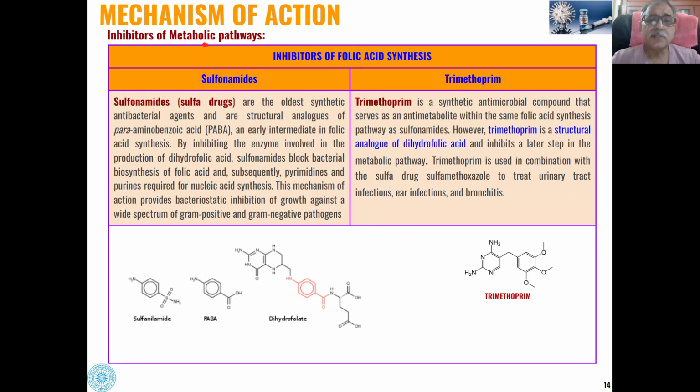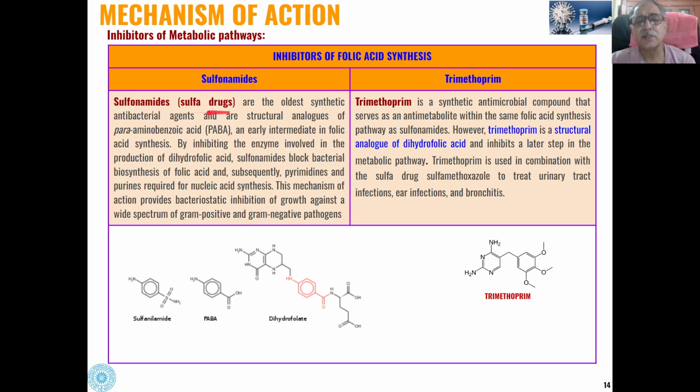The next is inhibitors of metabolic pathways. These types of antibacterial agents inhibit the synthesis of folic acid. Two types of drugs can be used, sulfonamides and trimethoprim.